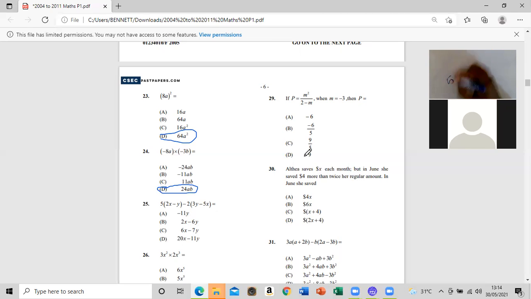So it's 5 times 2x minus y minus 2, 3y minus 5x.